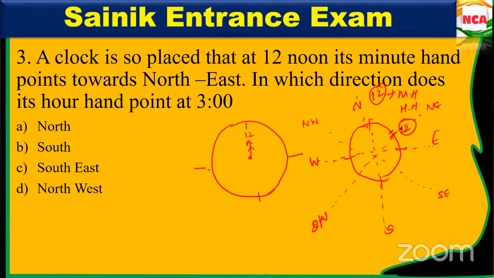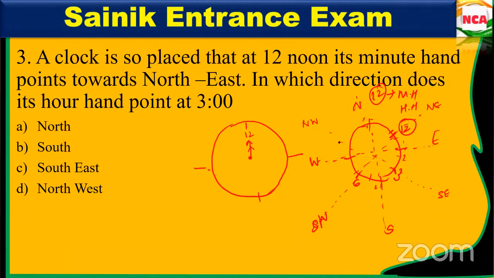So then where will 3 be? Here it will be 3. That is 1, 2, 3, then 4, 5. This will be 5, this will be 6. Opposite to 12 is 6, opposite to 3 is 9.